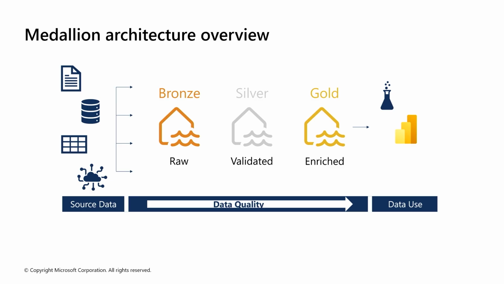It aims to improve data quality as it moves through different layers. The architecture typically has three layers: bronze, or raw, silver, which means validated, and gold, or enriched, each representing higher data quality levels. Some people call it a multi-hop architecture, meaning that data can move between layers as needed.